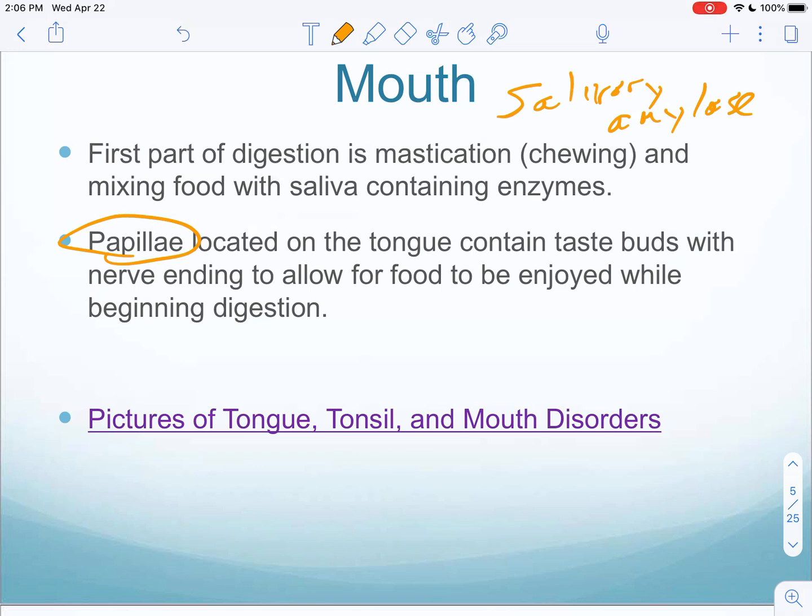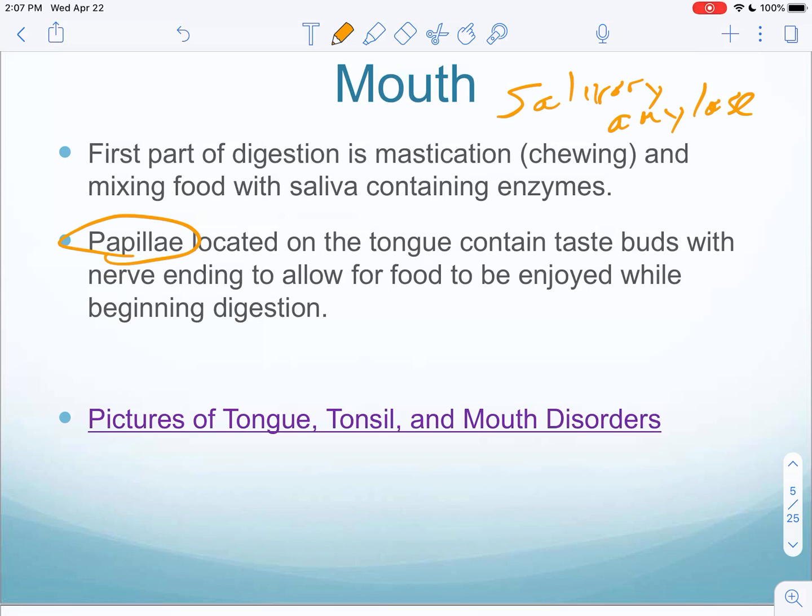We also had papillary muscles in the heart, and those are the ones that attach to the chordae tendineae to keep the valves from blowing into the atria. So this is just another extension, little bumps on your tongue where nerve endings are present to allow you to taste and enjoy food while digesting.